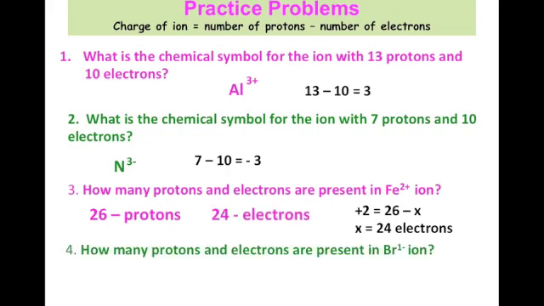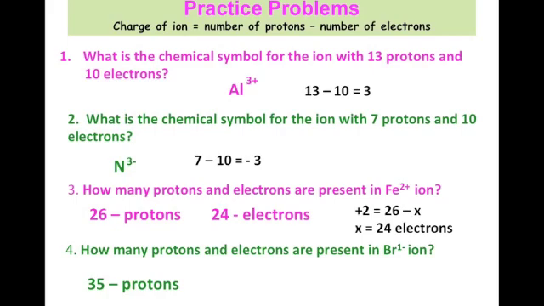Let's look at one final practice problem. It reads, how many protons and electrons are present in the bromide ion? Again, to determine the number of protons, I would look at my periodic table and determine the atomic number for bromine. It has atomic number of 35, meaning you have 35 protons.